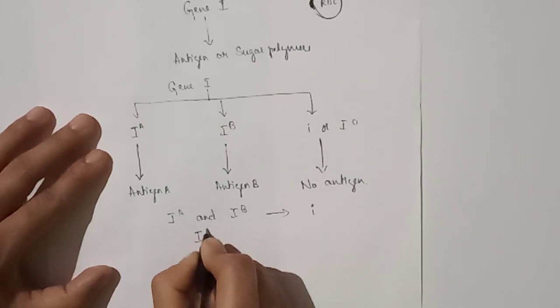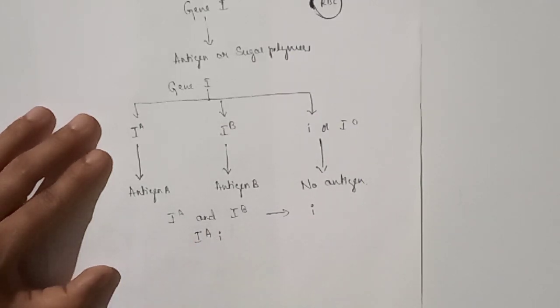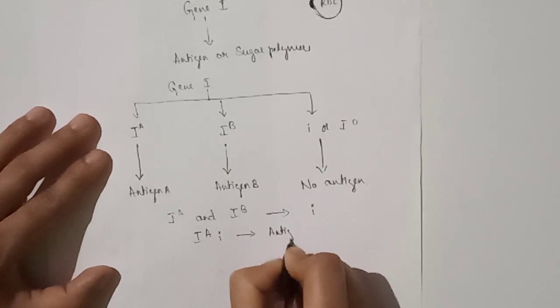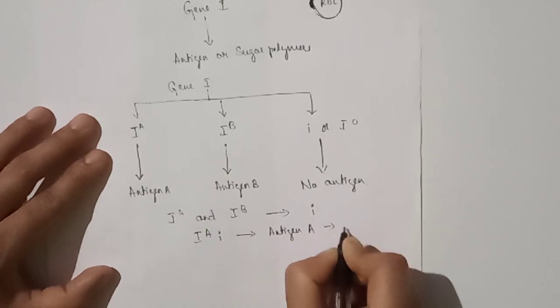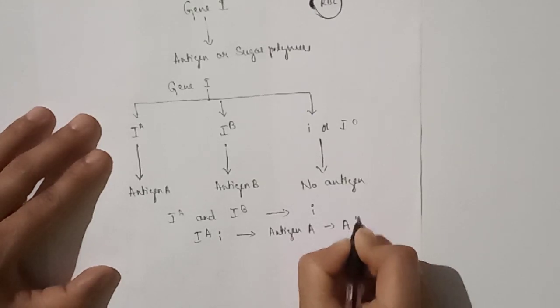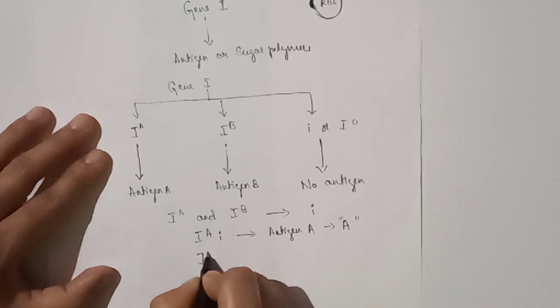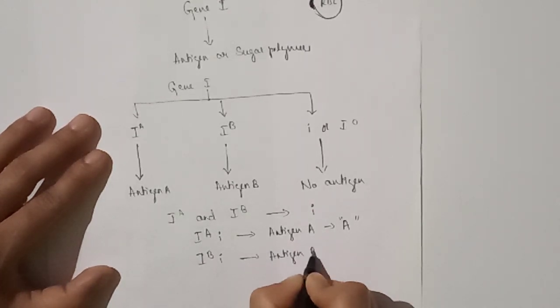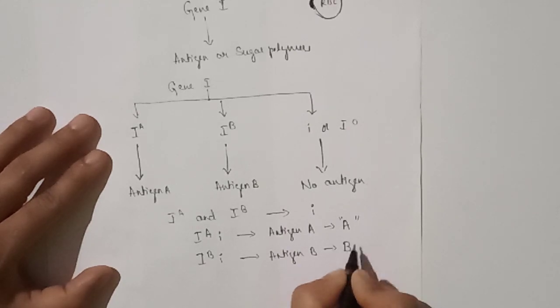That means when IA is present with small i, antigen A is produced and the blood group becomes A. When IB is present with small i, antigen B is produced and the blood group becomes B.